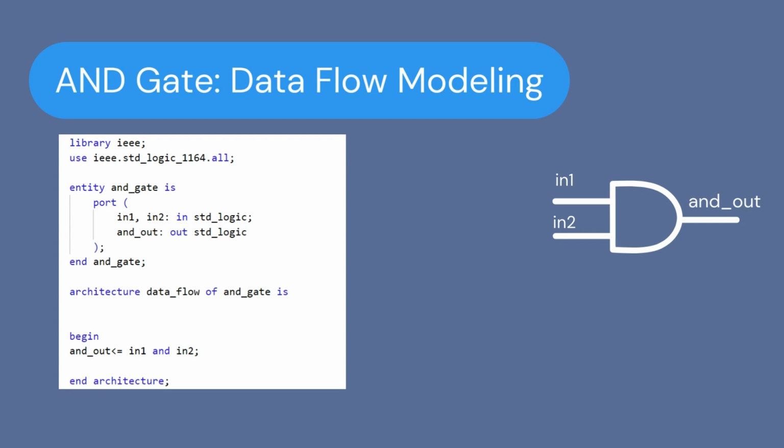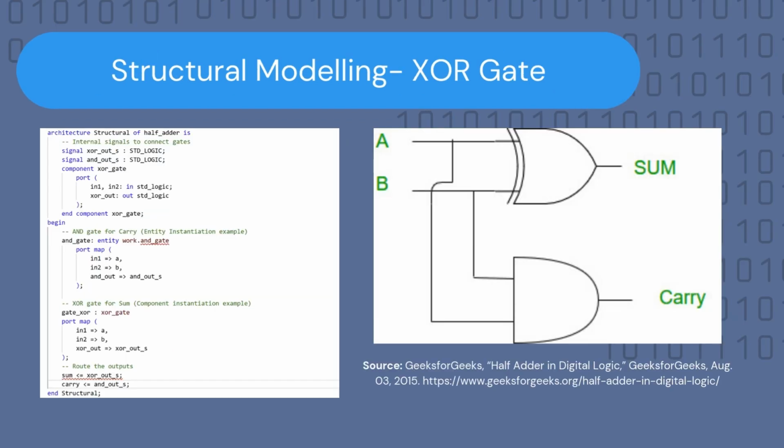Finally, to build the half-adder circuit, we can instantiate each component within the architecture of the half-adder as follows, and route the inputs to the inputs of those submodules, and route the outputs of these component instantiations to the output of the half-adder.